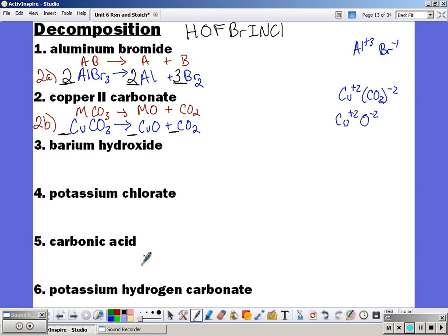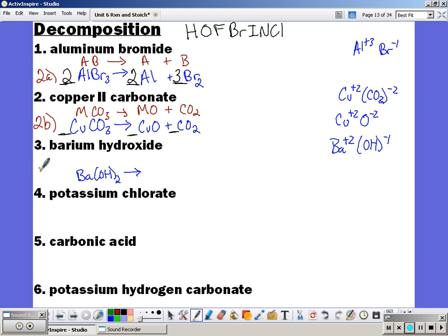Barium hydroxide. Barium is Ba +2. Hydroxide is OH -1. Cross your charges, Ba(OH)2. So I look at my reference tables. This is a metallic hydroxide, so I'm following 2D.